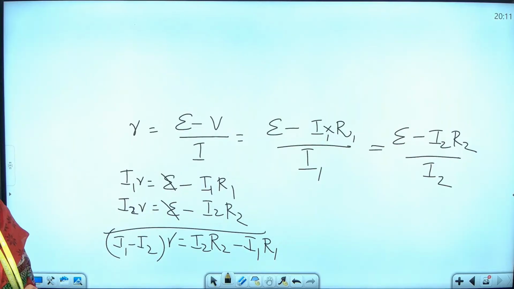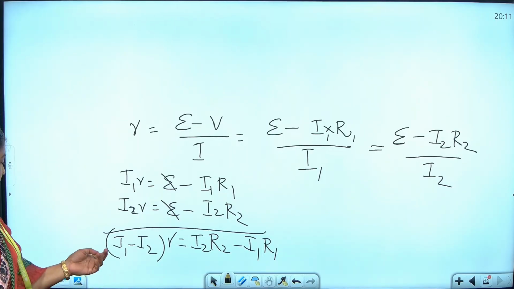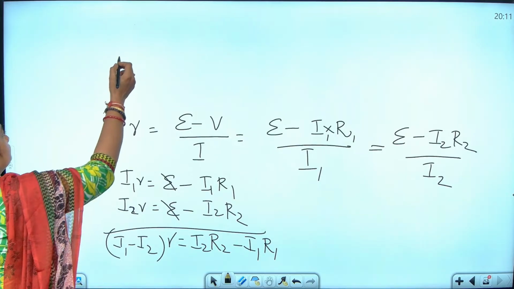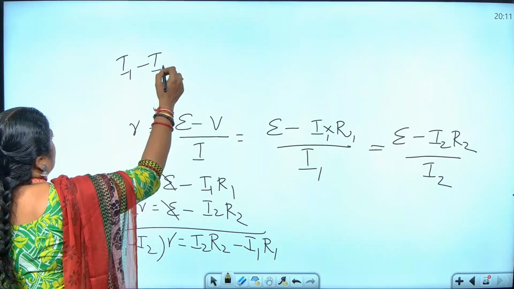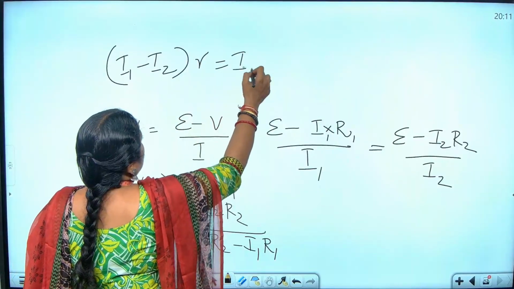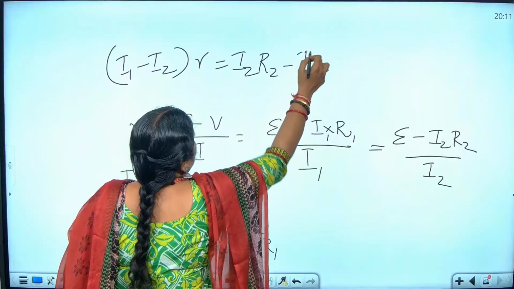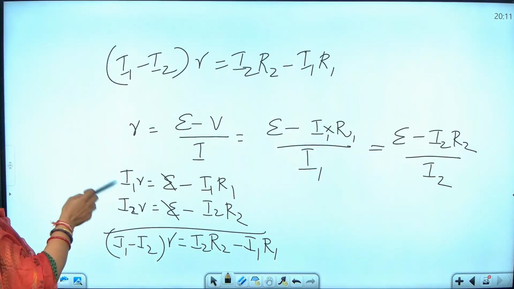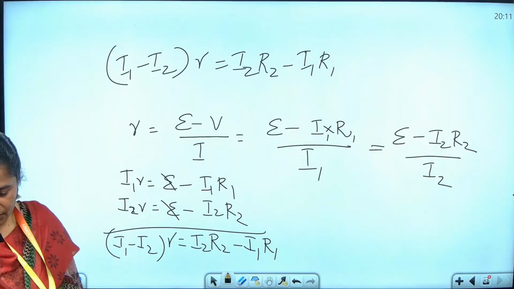Now substitute and calculate the value of small r. You can take the larger value as I1 and the smaller value as I2. So you know the values of I1, I2, R1, R2. Calculate small r.